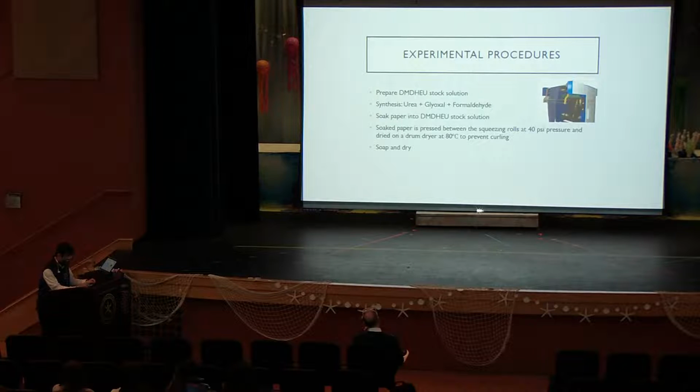The soaked paper is pressed between the squeezing rolls at 40 psi, or around 2.7 atmospheres of pressure, and dried on a drum dryer at 80 degrees to prevent curing. And then the padded fabric will dry at 80 degrees Celsius for 5 minutes, cured, and soaked and cleaned.